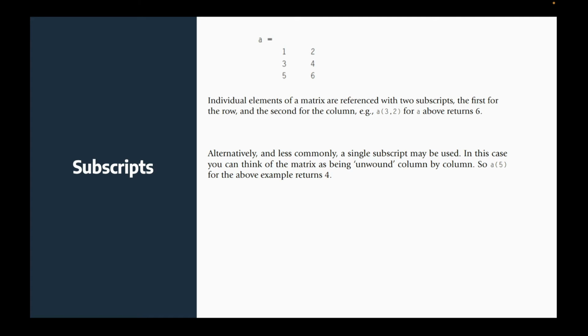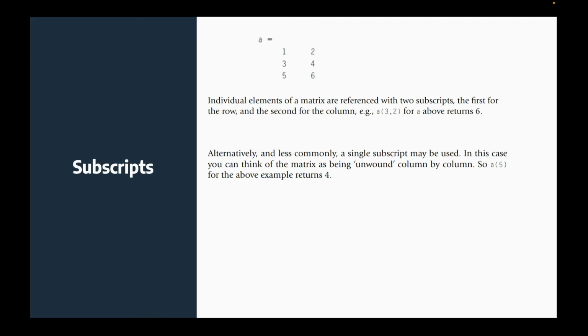Now, while having the matrix A equal 1, 2, 3, 4, 5, and 6 in mind, we need to know that individual elements of a matrix can be referenced with 2 subscripts. You probably already know those subscripts indicate the row number and the column number along the matrix.